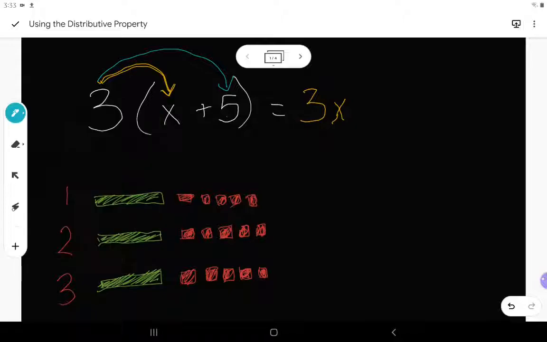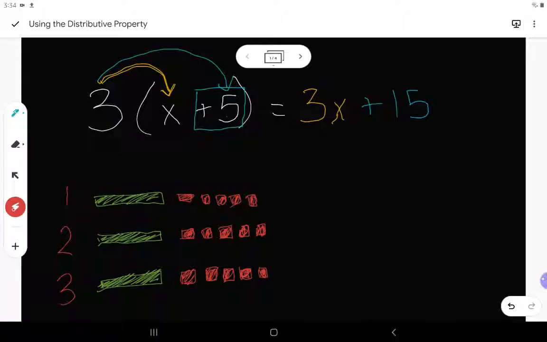My next one, when I multiply the next value inside the brackets by 3, the next value does include the sign that's in front of it, okay? So this is 3 times positive 5. So 3 times positive 5 gives us positive 15.